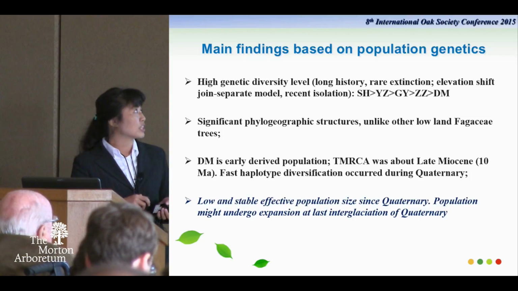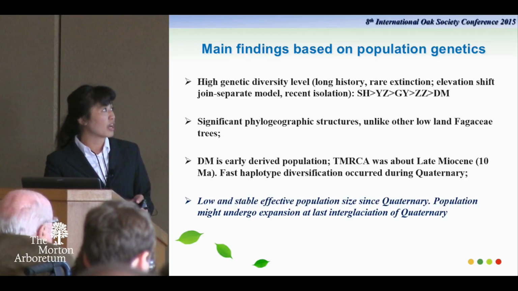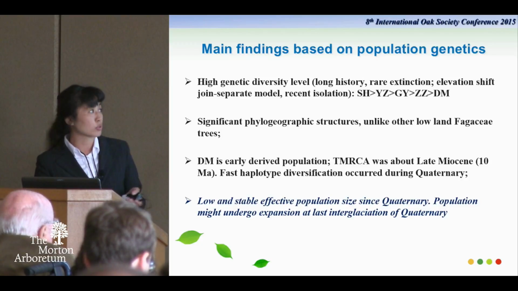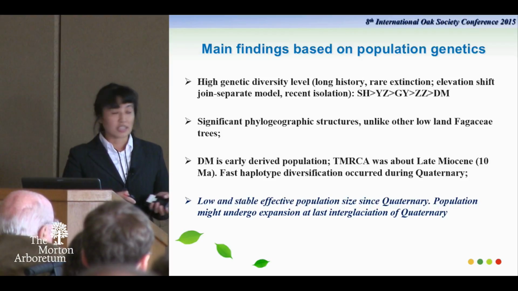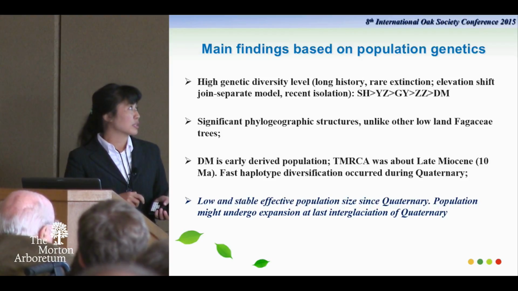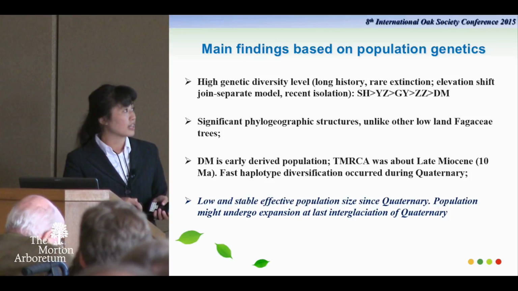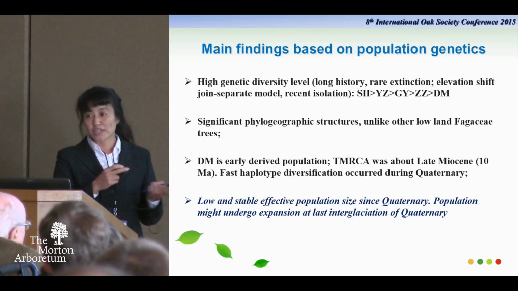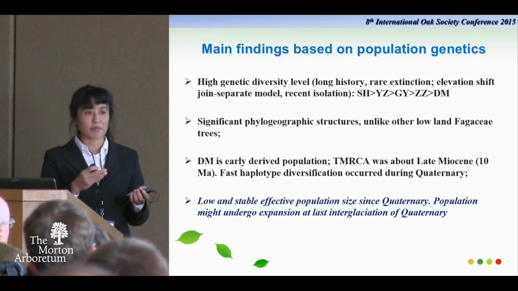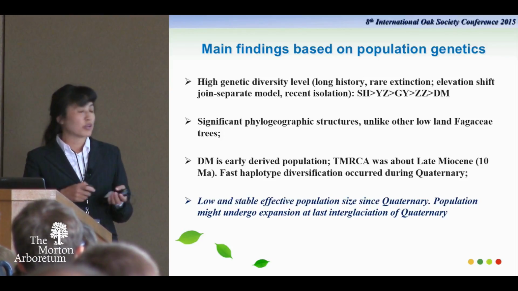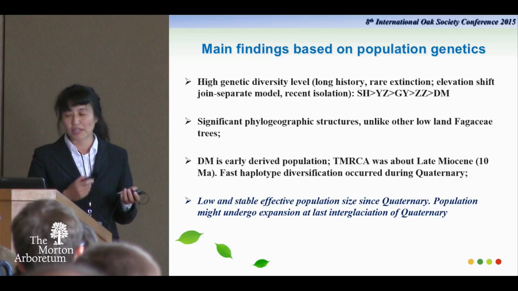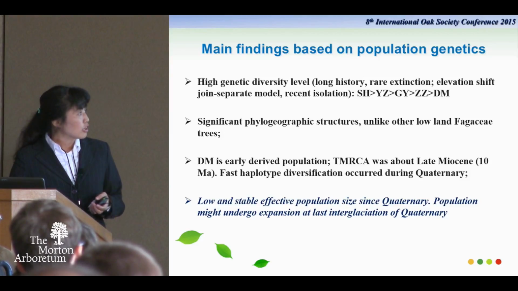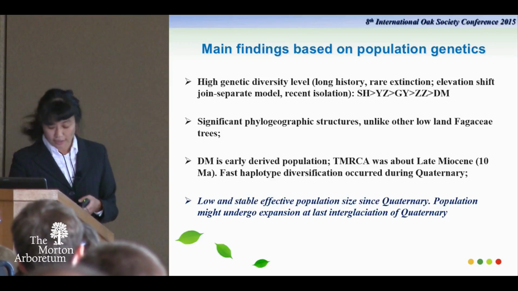The DM, the Damingshan population, is the early derived population and very isolated from the other four. The divergence time seems to begin in the late Miocene, and is probably related to the formation of the Pearl River, because the Pearl River is probably the main barrier between the one population and the other four populations. So that's the main result we get.